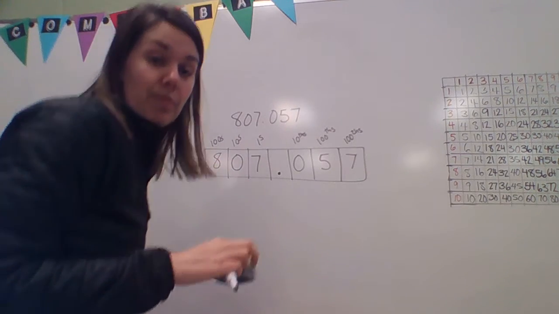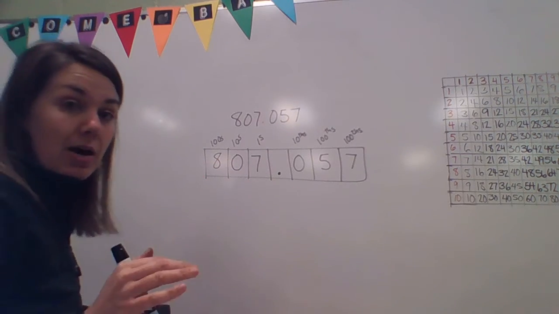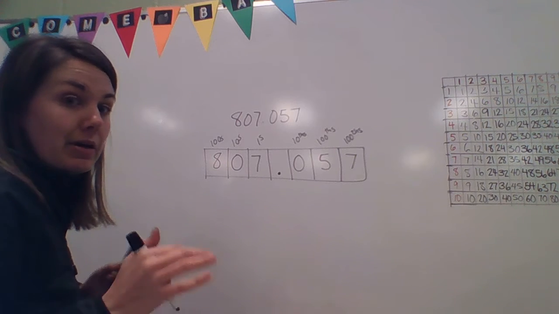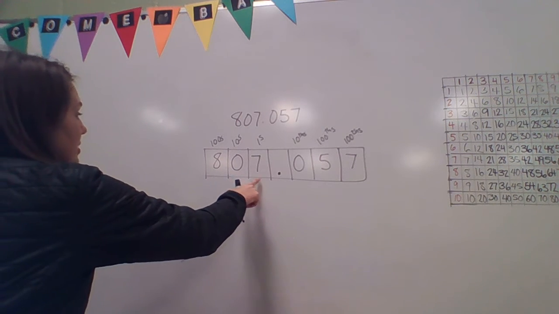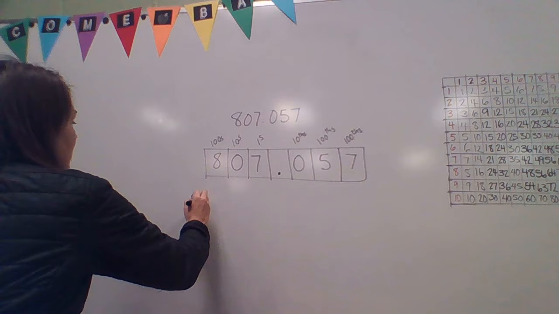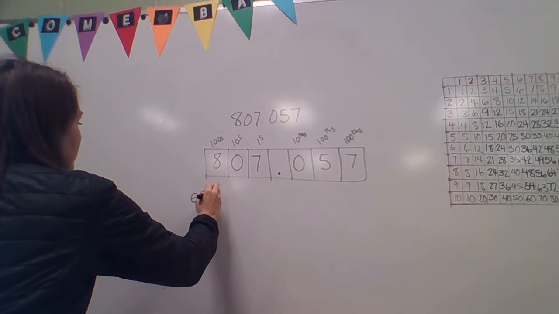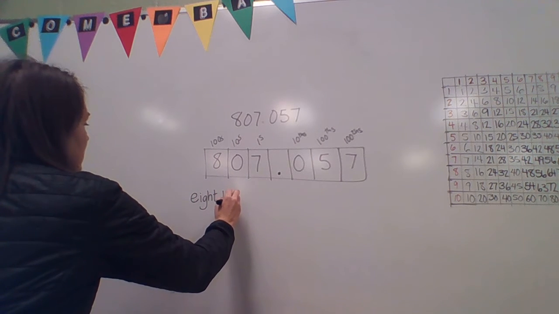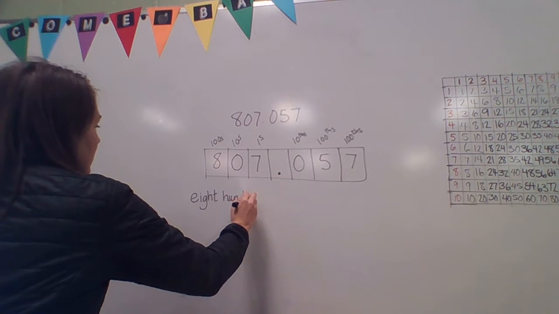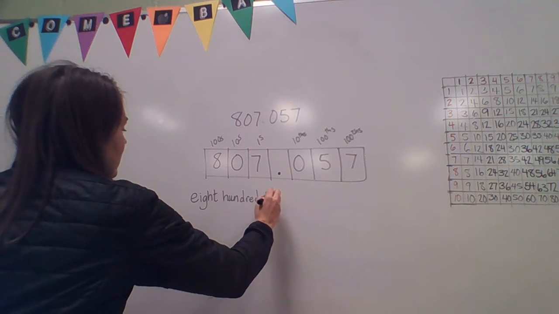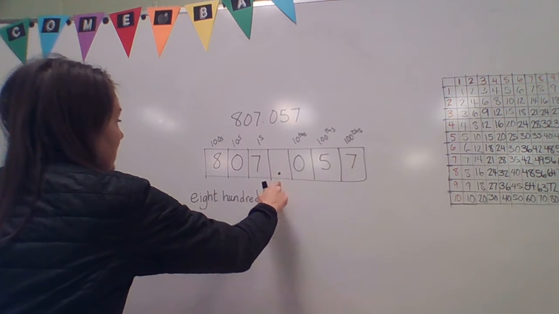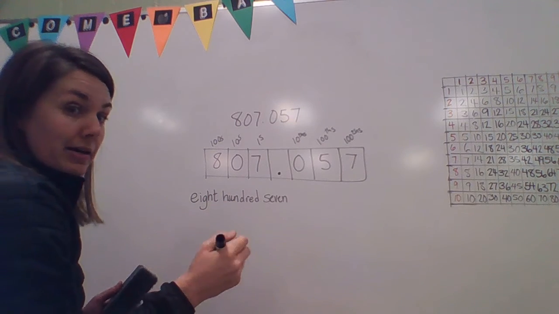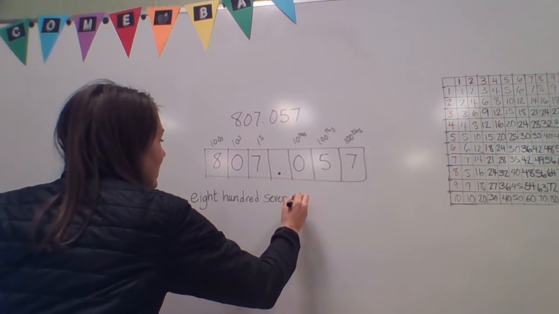So now that I have my place value chart, I'm going to go ahead and write it out in word form. I have 807 on this side of the decimal point. My decimal point is going to be like and in my word form, 807 and.